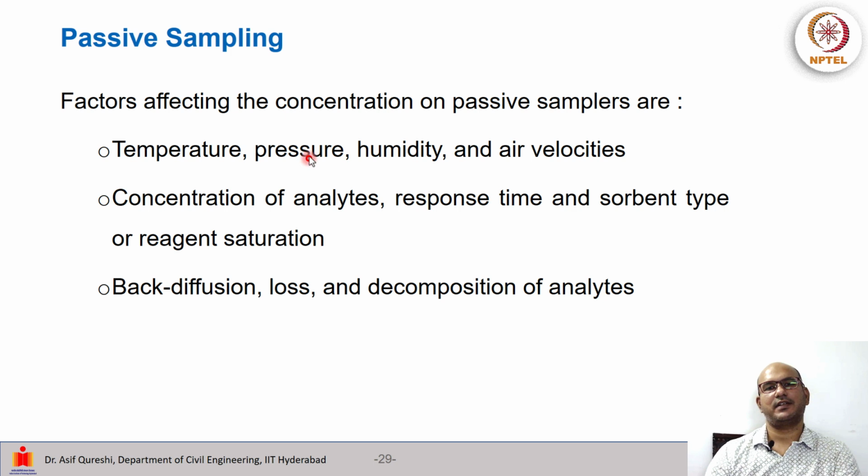The factors that will affect the concentration determined by passive samplers would be the temperature, pressure, humidity and the air velocity, the concentration of the analyte, response time, sorbent type or reagent saturation. They will influence. Also influencing the results would be back diffusion, loss and the decomposition of analytes.